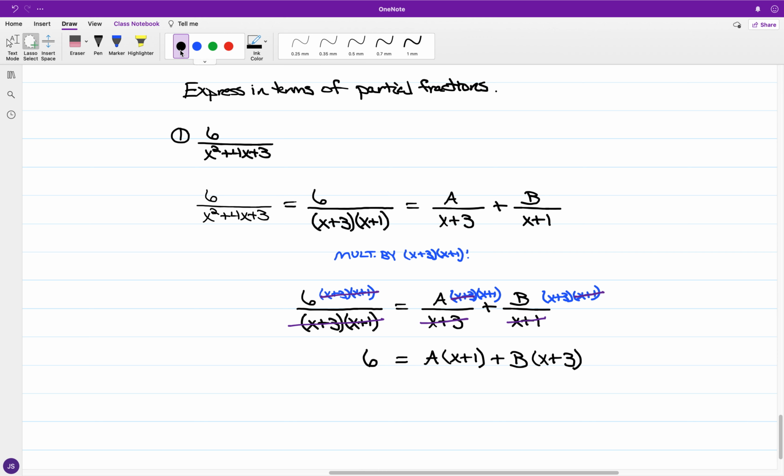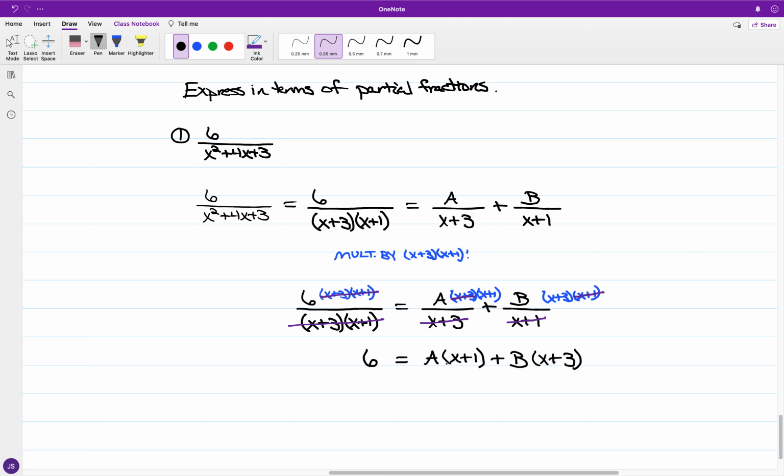Now we have two unknowns, a and b, and what we can do is eliminate one variable and solve for the other. And what do I mean by eliminate? Well, if you notice, with x plus 1 and x plus 3, if I take the zeros of either one, we have one variable eliminated and the pathway to solving for the other variable created.